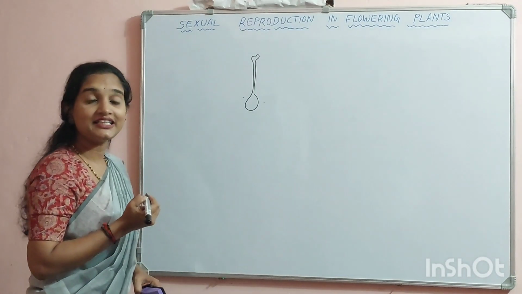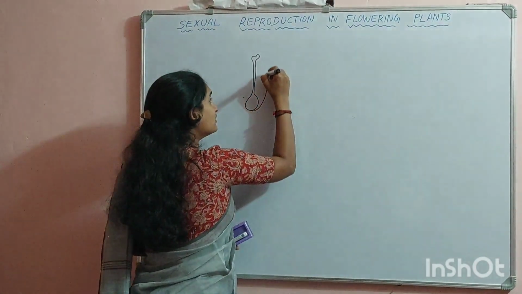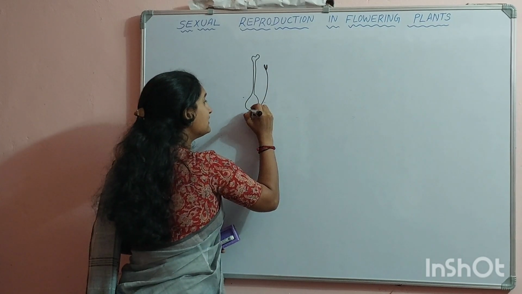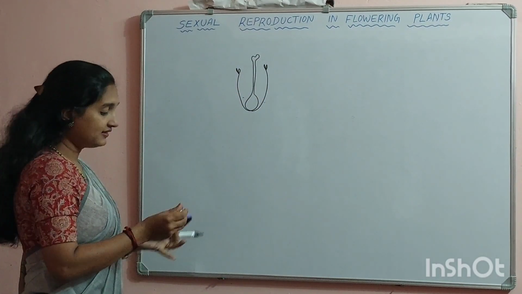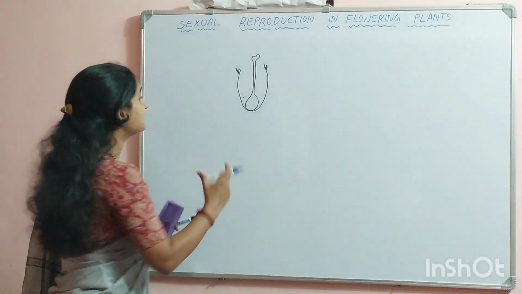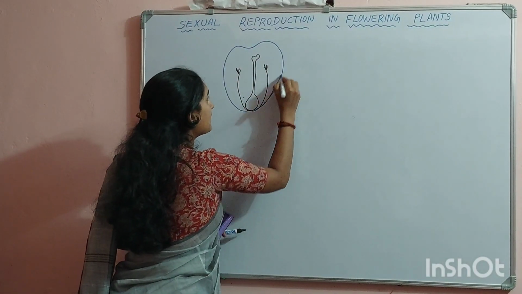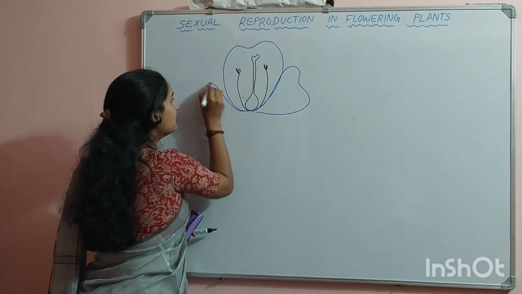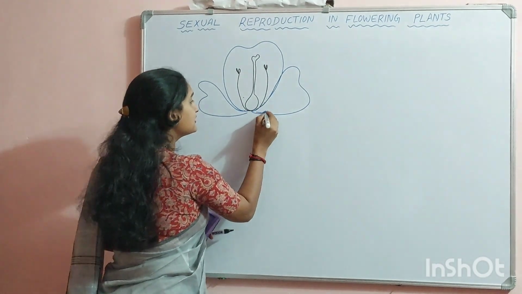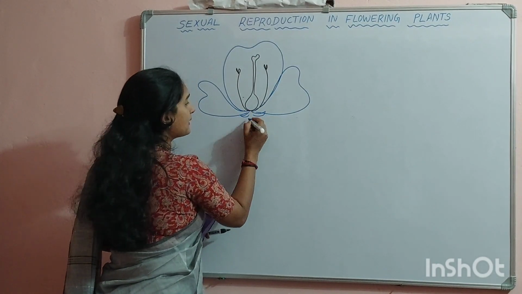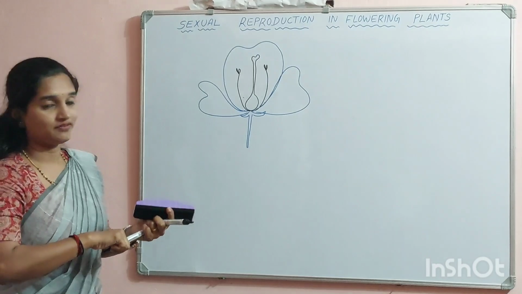The innermost whorl is called the gynoecium, the second whorl is the androecium, the third whorl is the petal, and the outermost whorl is the sepal, and this is the stalk of the flower.